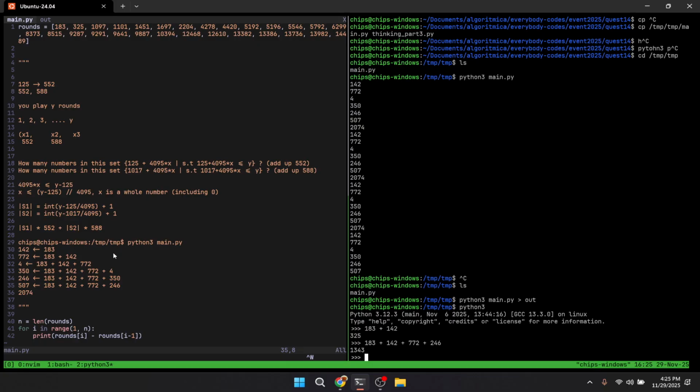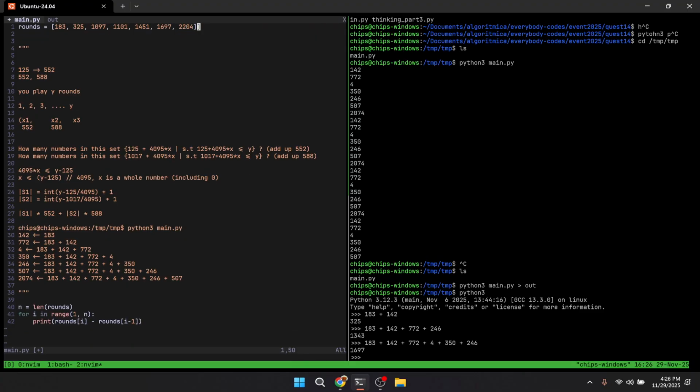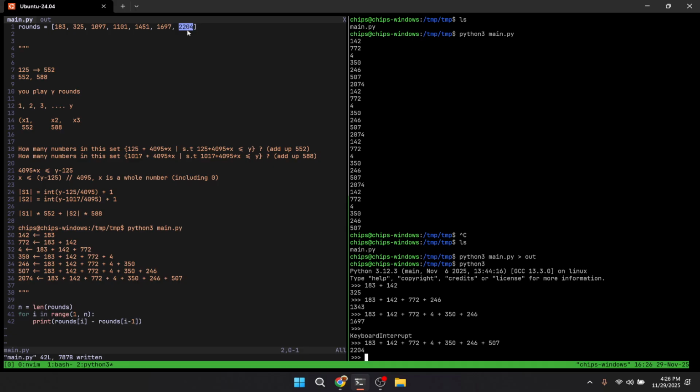Looks like I just messed this up extremely badly. That is amazing. Oh my god, I didn't add a lot. So you take it including 507 and you get to round number, so you get to 2204.